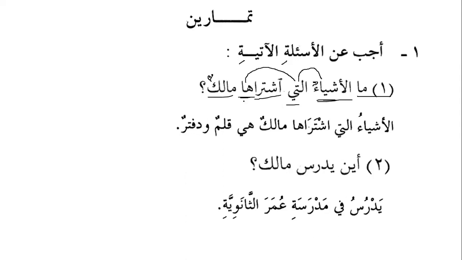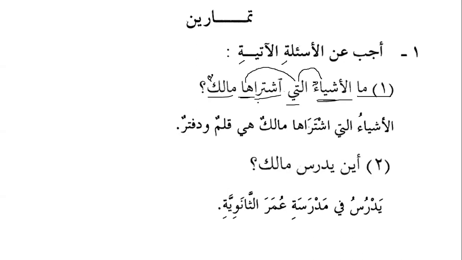So that's why it has come before the doer. This is one of the places where maful bihi can come before the fa'il. Normally we have verb plus fa'il plus maful bihi, but when we have the attached damir, it comes before the fa'il. So ma al-ashya'u allati ishtara.